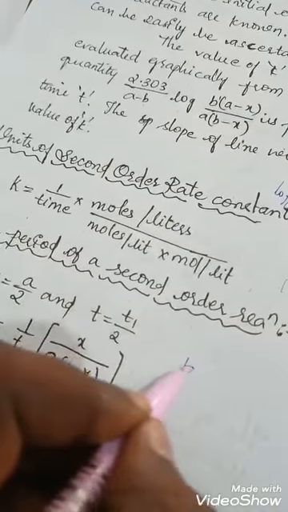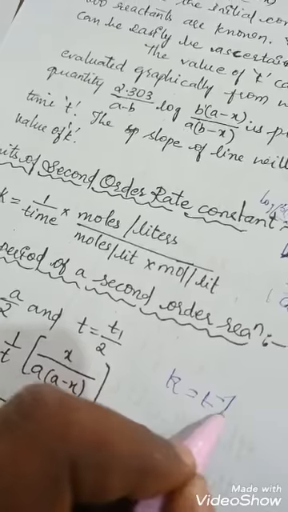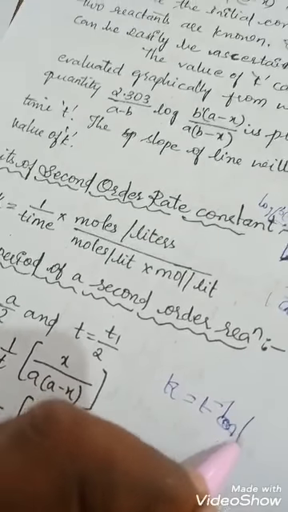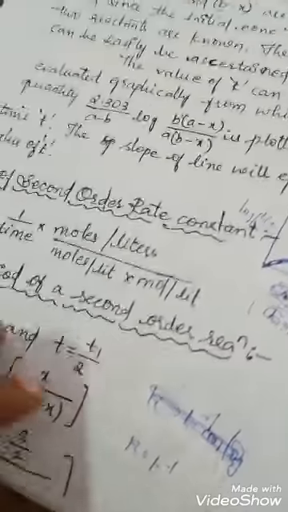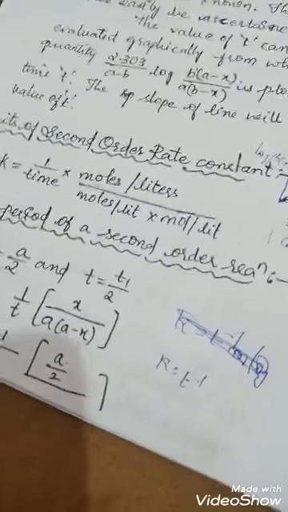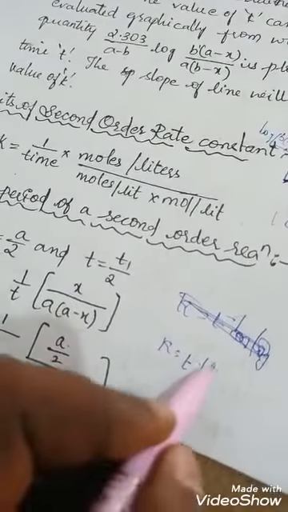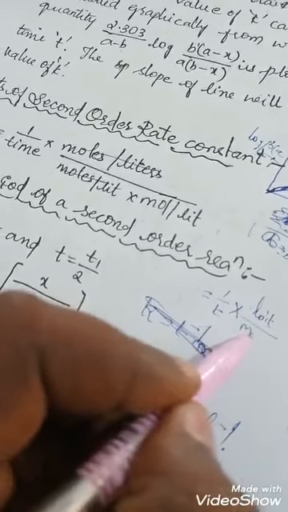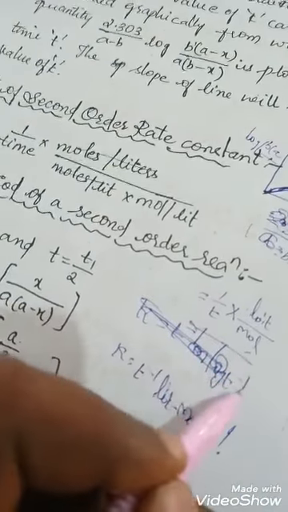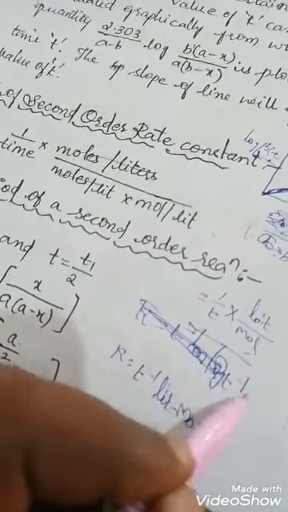What are the units? k equal to t inverse, times liter per mole. This is time inverse, mole inverse, liter. Okay, this is the second order reaction.